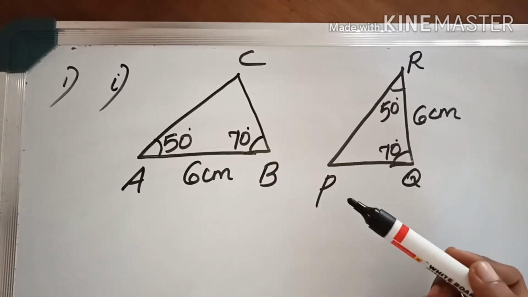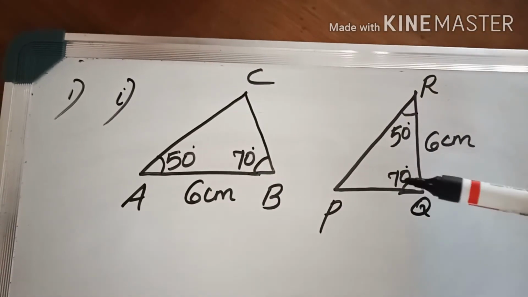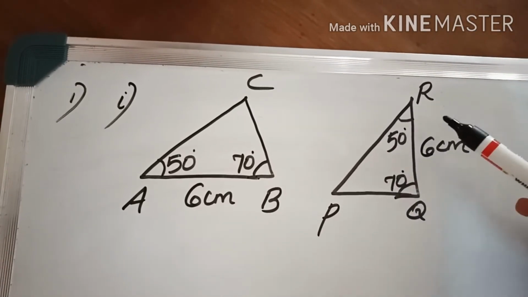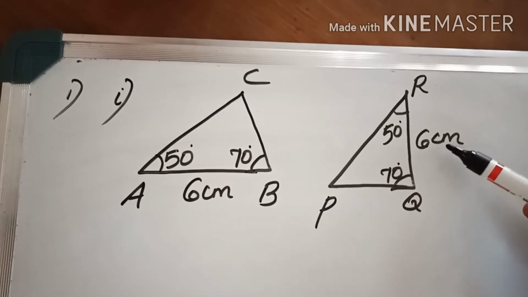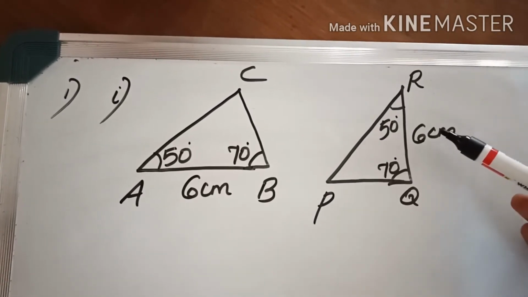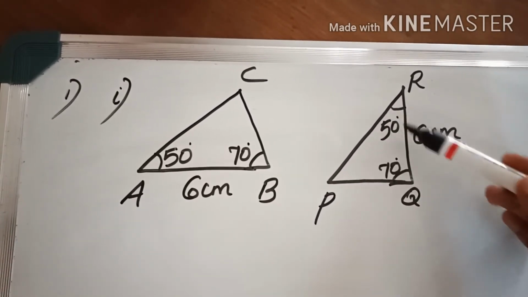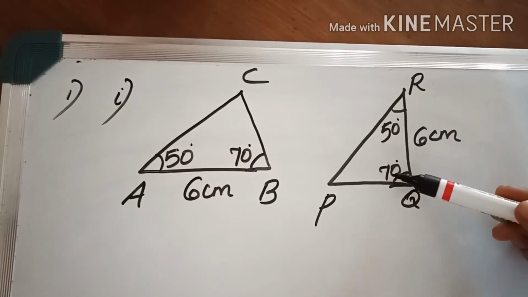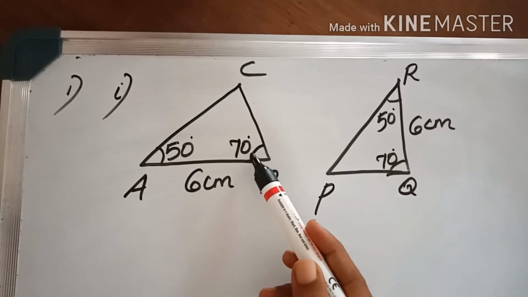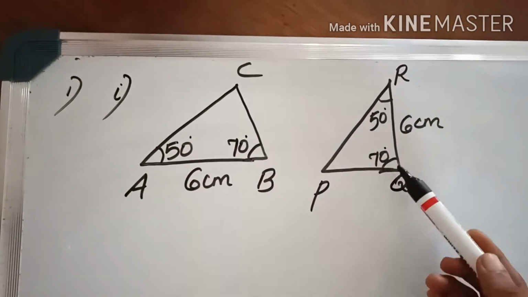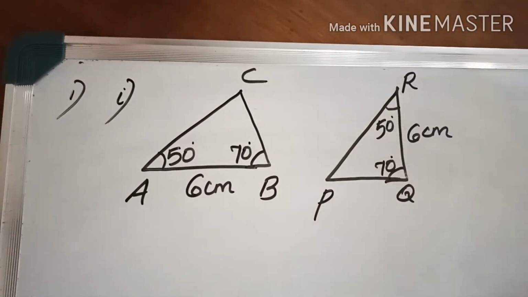When we check the second triangle PQR, we can see the same 6 centimeter here also, and its end angles are 50 degree and 70 degree, same as the first triangle. 50 degree here, 70 degree here.